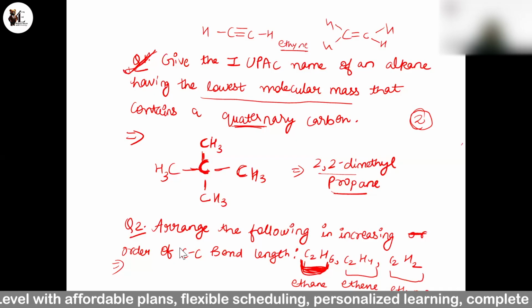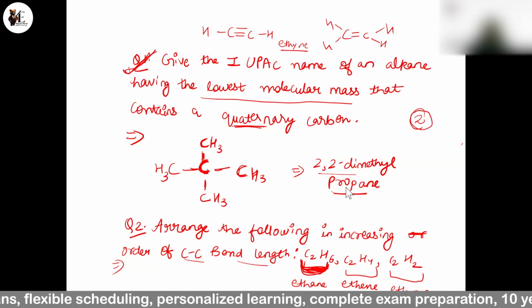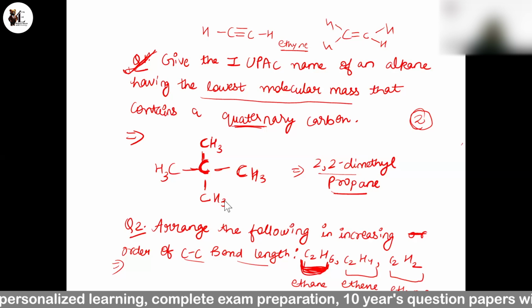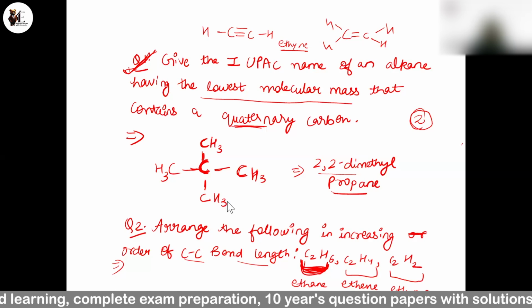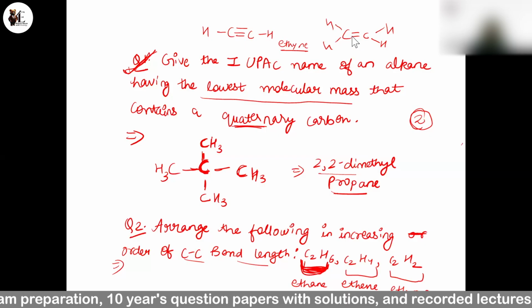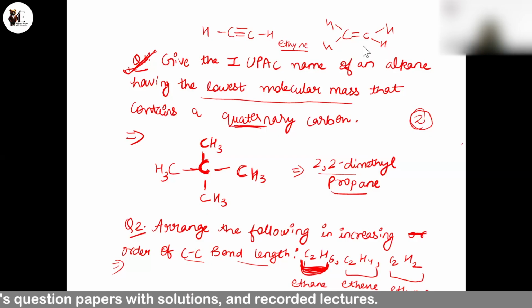So you have to arrange in increasing order of carbon-carbon bond length, which have higher bond length. Single bond, double bond, or triple bond? This we have covered in the chemical bonding chapter, that which have higher bond length. Single bond or double bond?